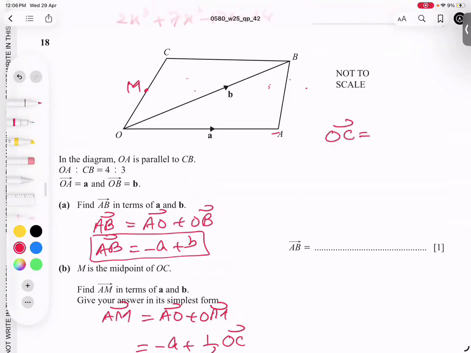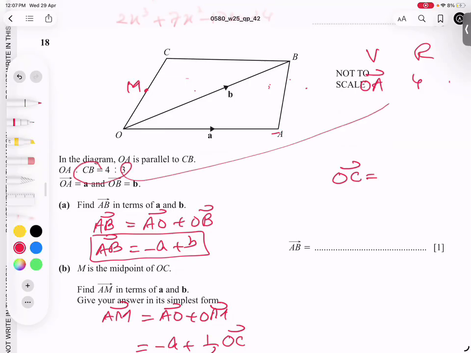We have been given the ratio also, OA and CB. So OA is this and CB is this. First of all, I bring it down and write here V for vector, R for ratio. OA is a 4 ratio and CB is a 3 ratio.